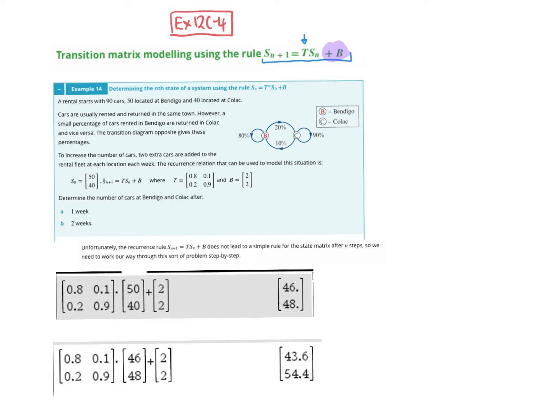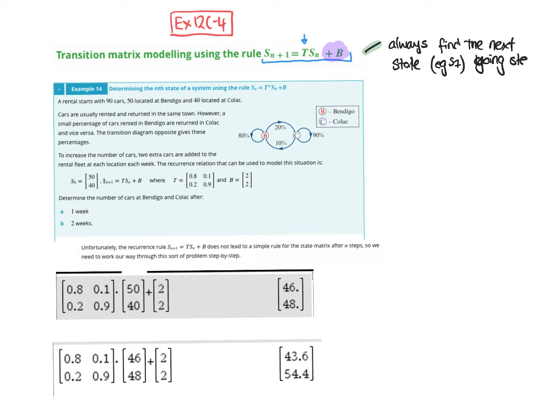So we've got to be careful when we do have these recurrence relations. You always have to find the next state by going step by step. So say, e.g., S1, going step by step.